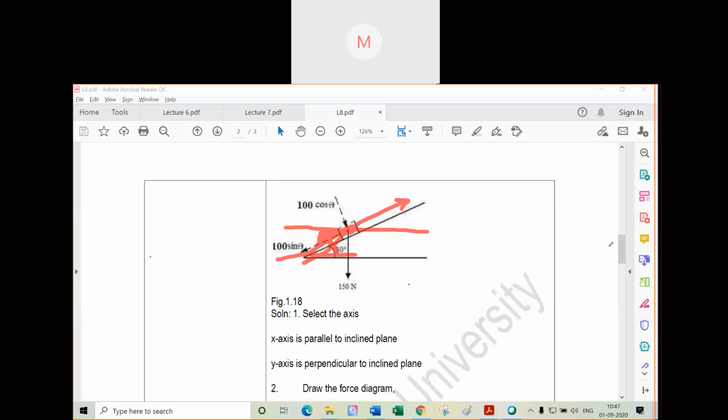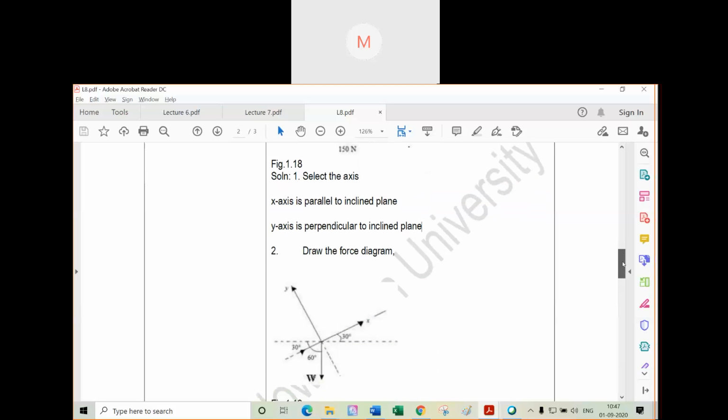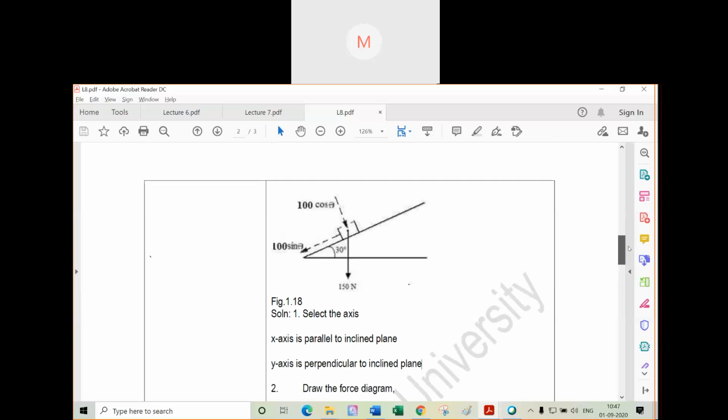So what happened? We've got this as 30. If this is 30, then the other one will be how much? The total is 90, na? Then this one will be 60, right? Then this one will be 60.